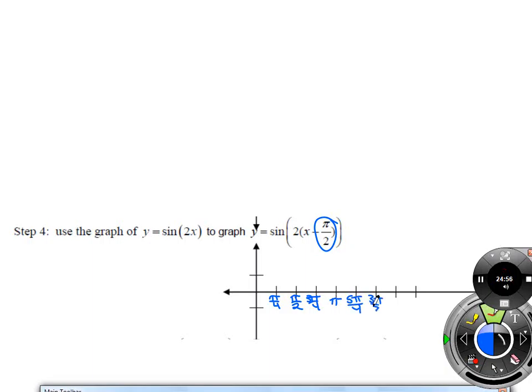So I'm basically shifting my entire graph over 2 tick marks on my x-axis because 2 tick marks represents, in my measurement, pi over 2, okay? So I'm going to start my sine wave here instead of at 0, 0. I've shifted to the right and go through the same sequence of points because I haven't made any other change. Are we okay with that transformation? Yes.